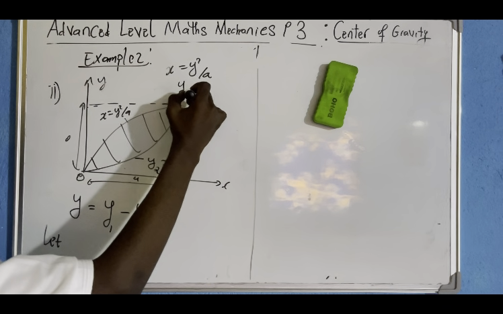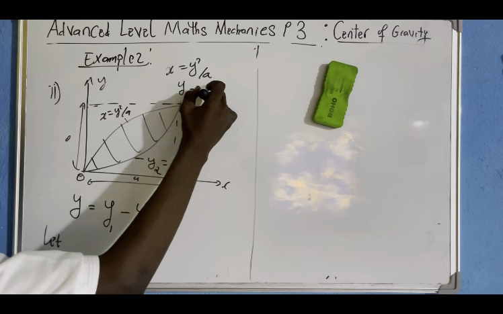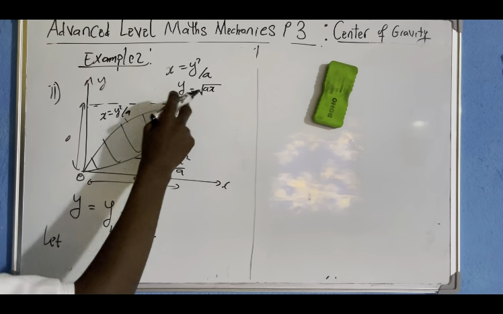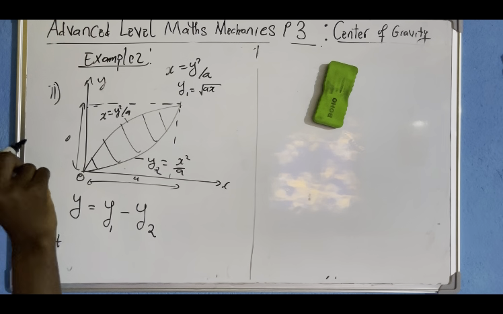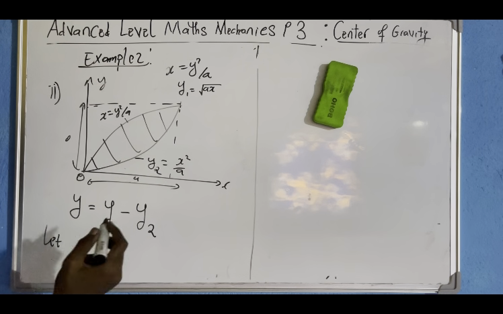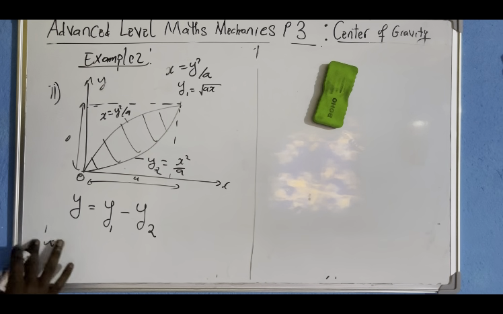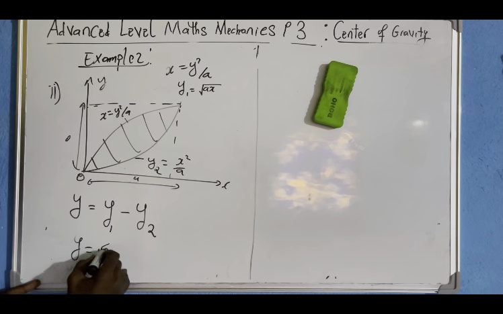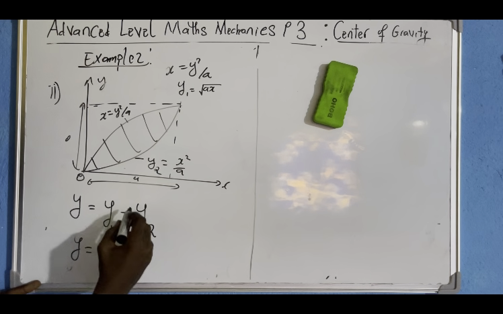I will have y1 equals square root of ax. So that is my y1. First of all, make y the subject here before naming your y1, y2. So my y is simply equals to root ax minus y2, which is x squared all over A.